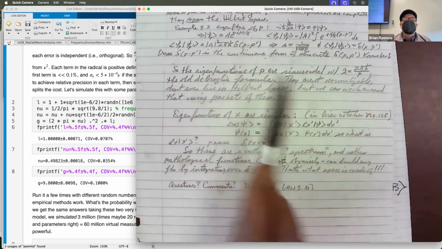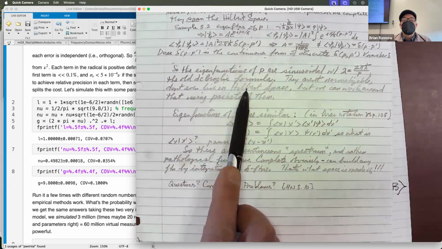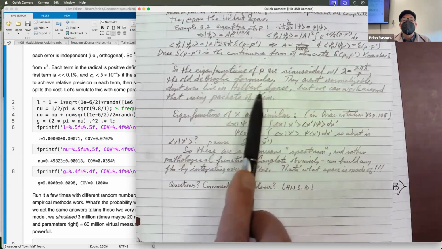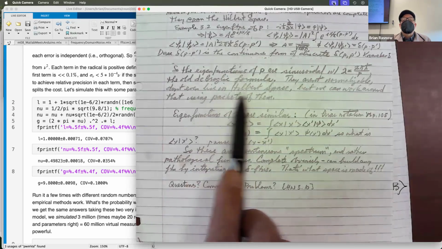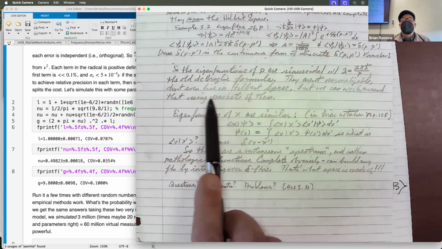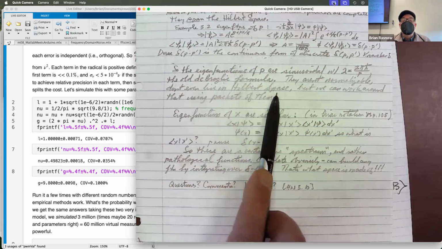So again, the eigenfunctions of P are sinusoidal, and with the de Broglie formula, they're not normalized yet. And in fact, they don't live in a Hilbert space.